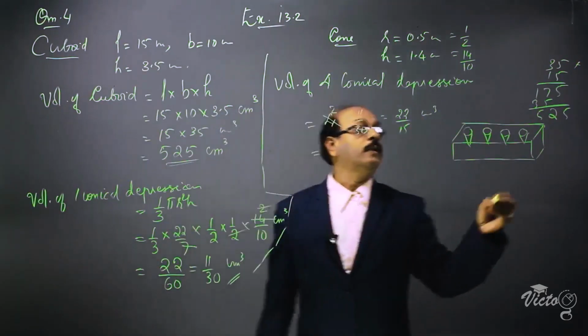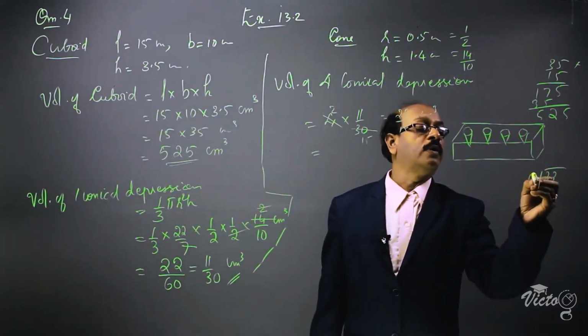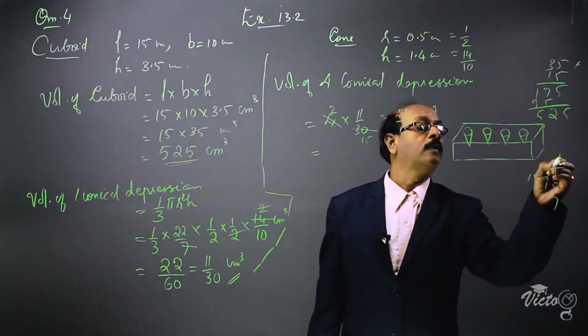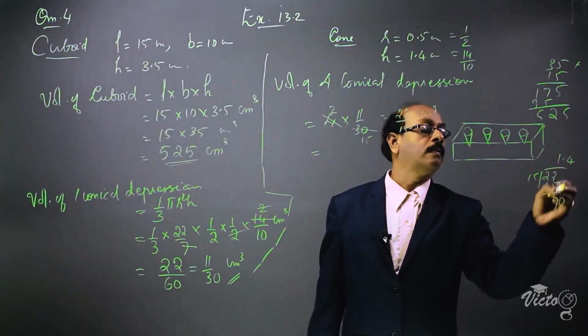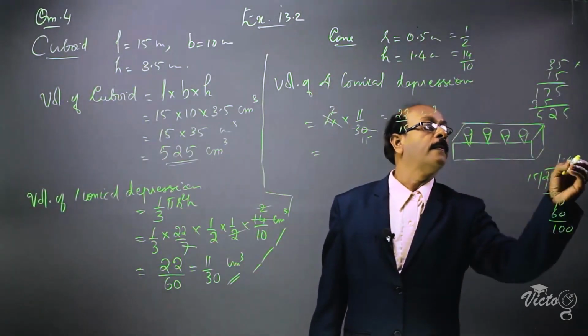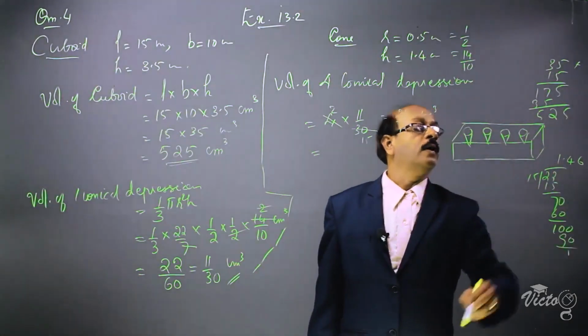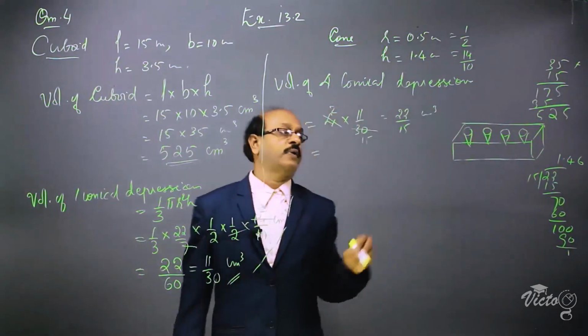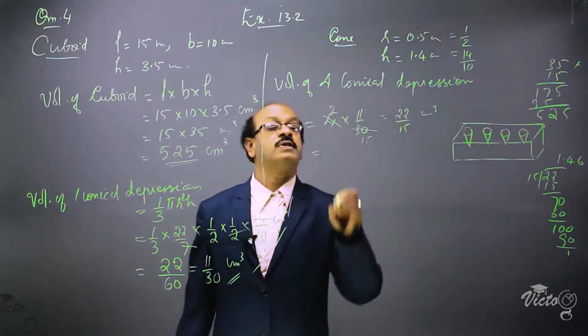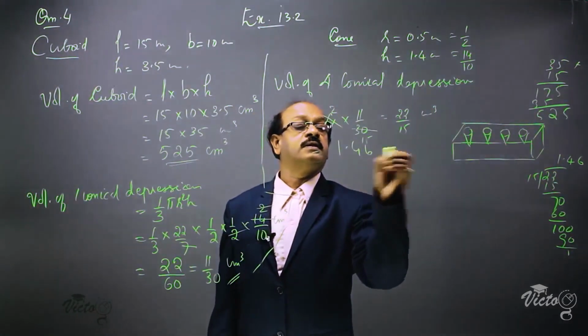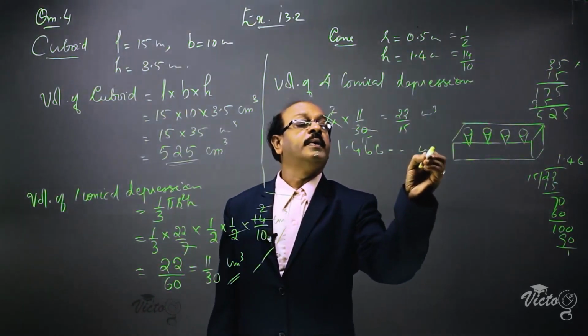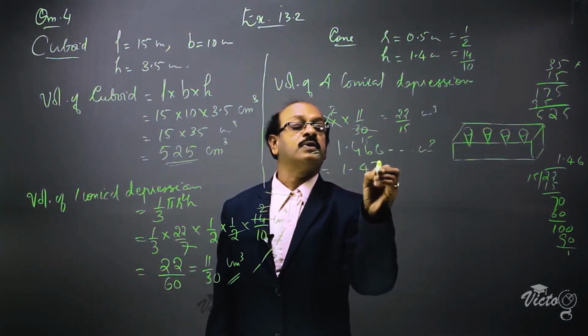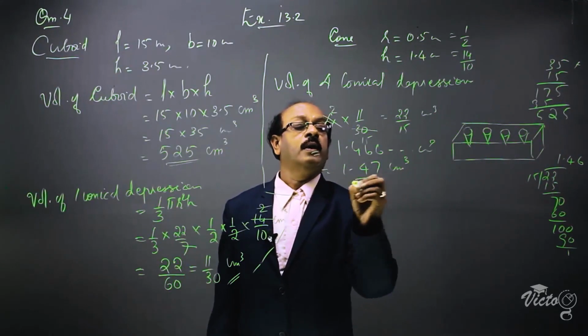Dividing 22 by 15, it is 1.466, we can simply write it as 1.47 centimeter cube.